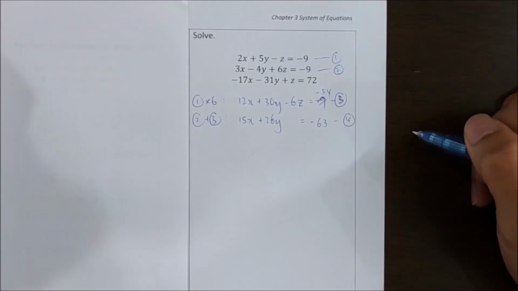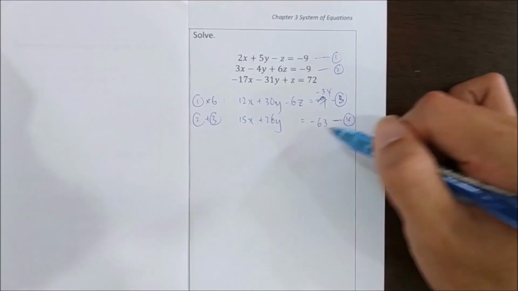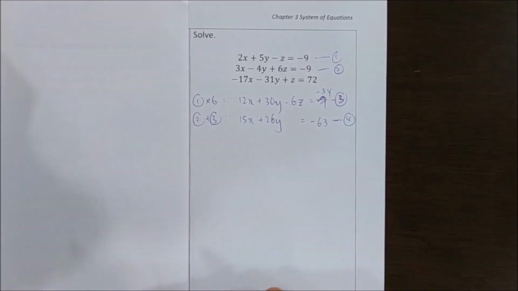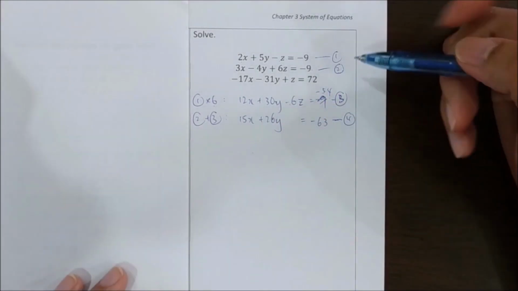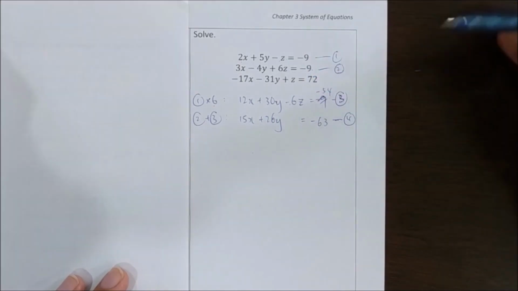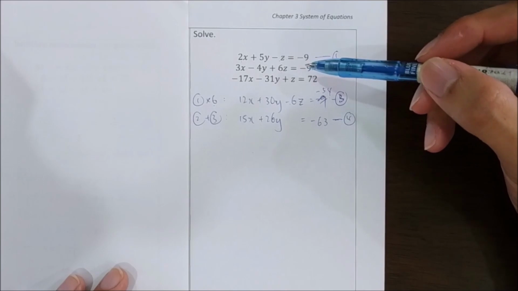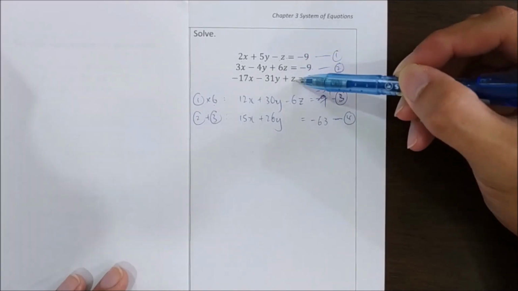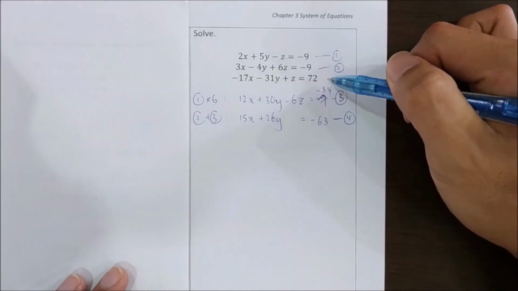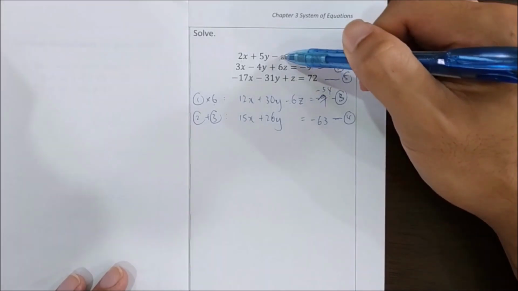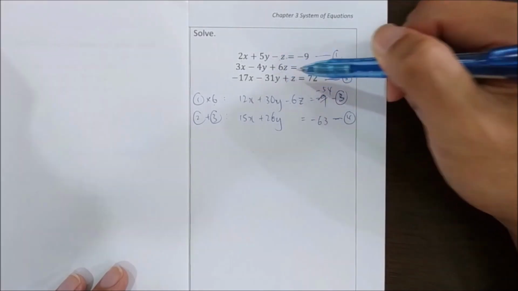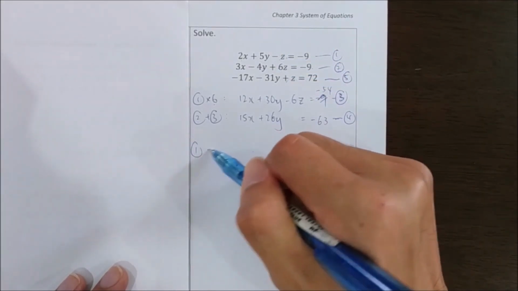And now I label this as equation number 4, and we have ourselves a new equation with only x and y variables. And our next step is to come up with another new equation with only x and y variables. So now I take another 2 equations, let's say equation 1 and the third one, which I label as equation number 5, in order to eliminate z easily.